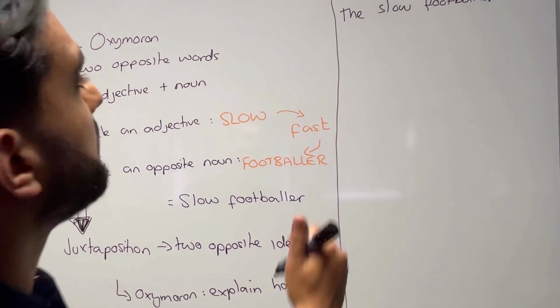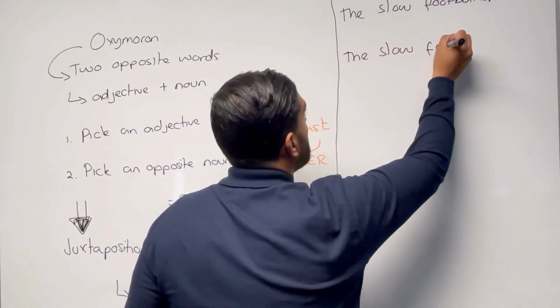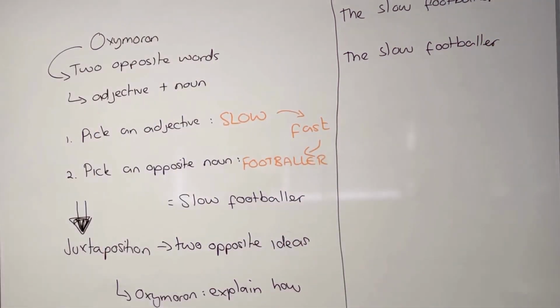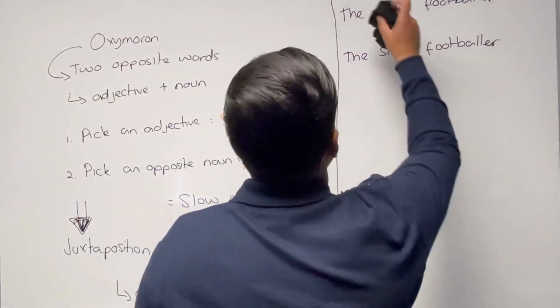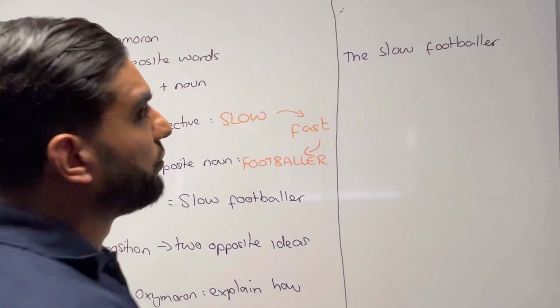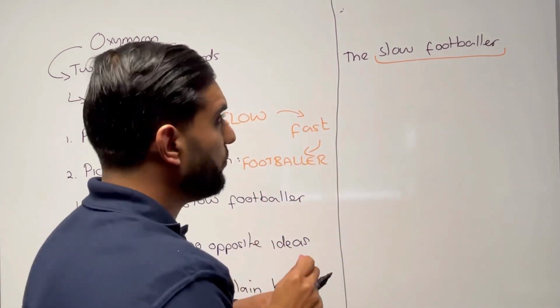Wow, I didn't even talk that. So guys, if I said the slow footballer, can you all see that? Yes, you can. So guys, if I said the slow footballer, I've used my oxymoron. And there it is there.